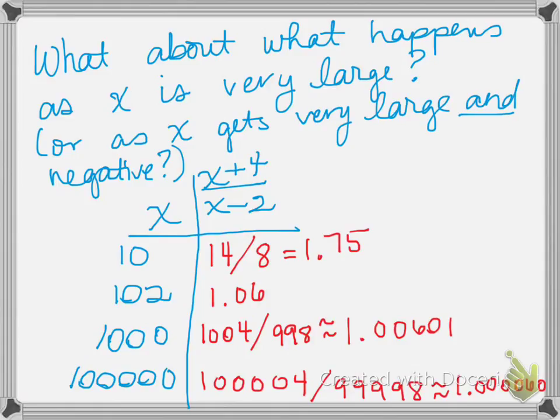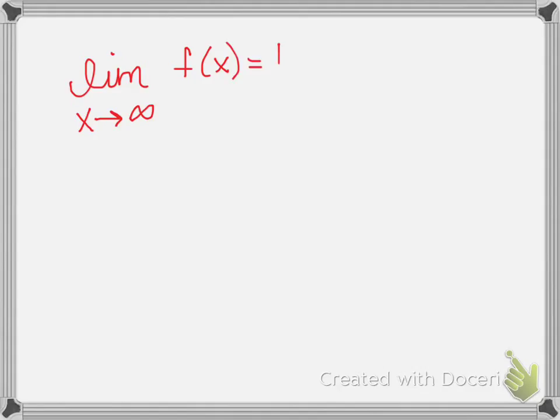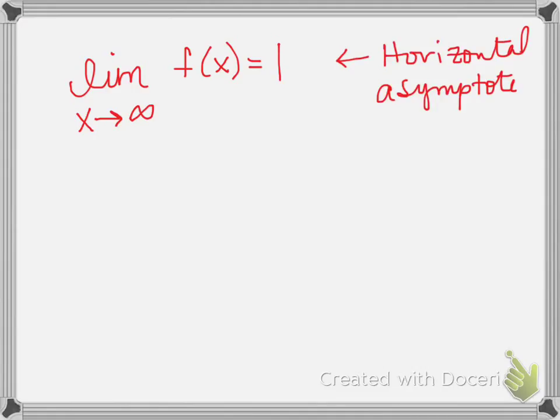What do you notice that output value is getting closer and closer to? It's getting closer and closer to 1. So we say that the limit as x goes to infinity of f of x equals 1, and that corresponds to a horizontal asymptote. Notice on that graph, the horizontal asymptote does occur at y equals 1.